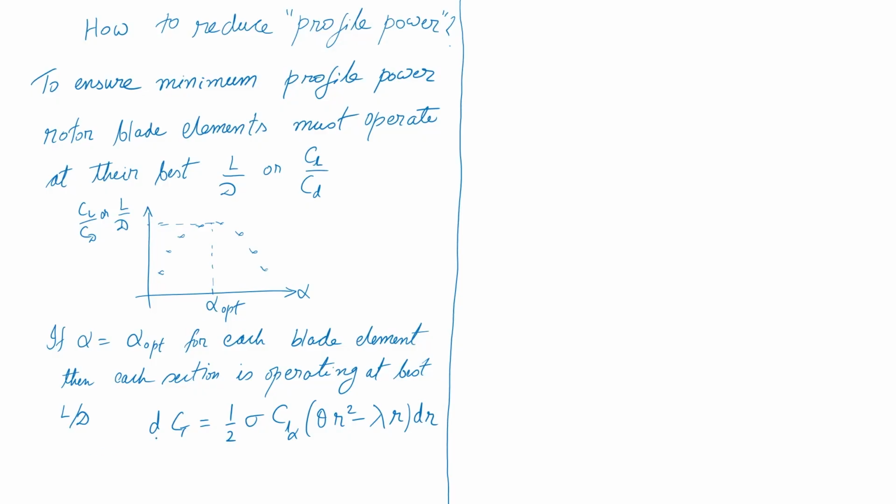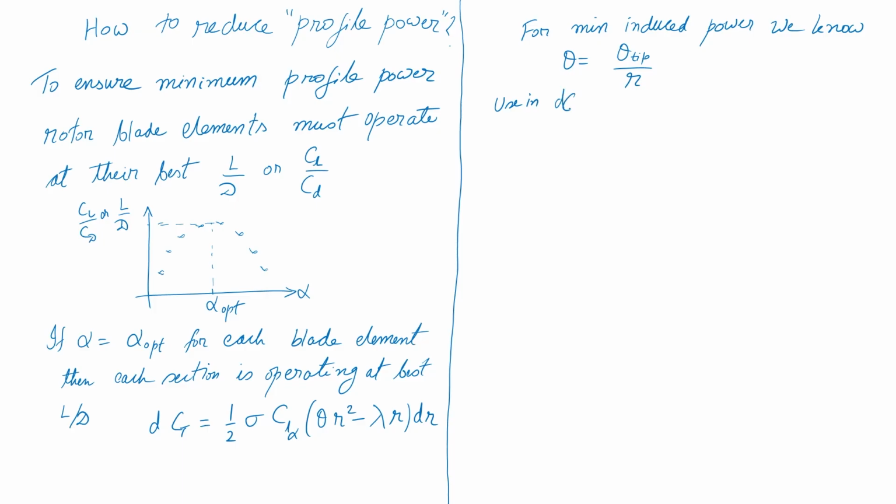So, we know, we will write here, for minimum induced power, we know theta is equal to theta tip by r, right. So, I can substitute that back in my DCT equation.